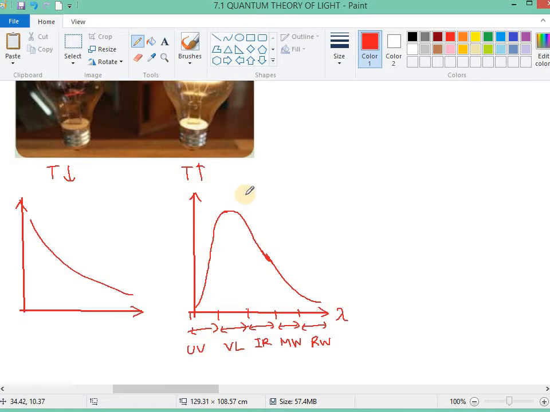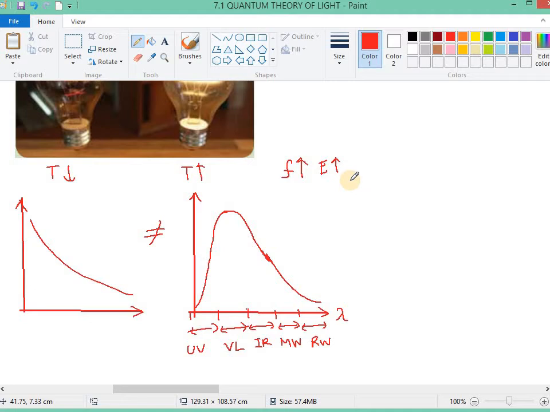So this actual reading from real life doesn't match with the theory. The theory says that as frequency increases, the energy released should also be higher.